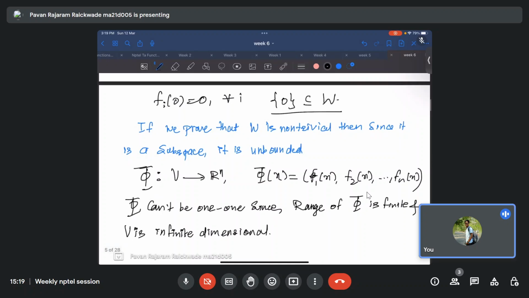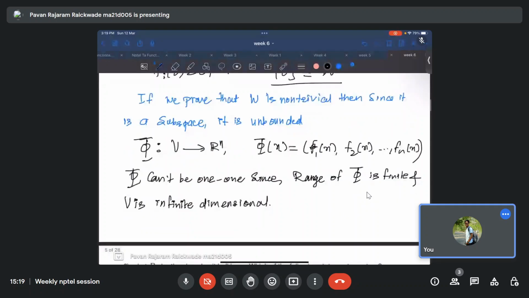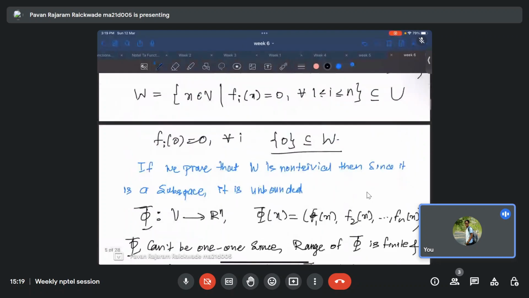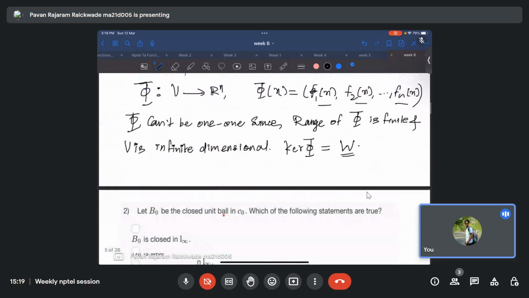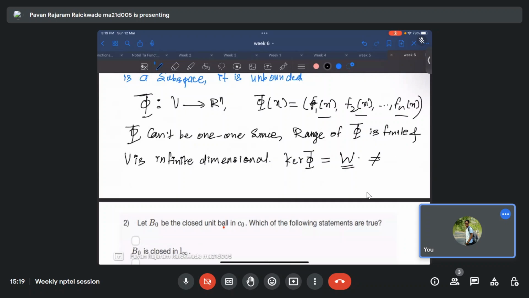Now, what is the kernel of phi? The kernel of phi is our space W, that is, the x for which each and every component is 0. So the kernel is not the singleton {0}, which implies we are done.